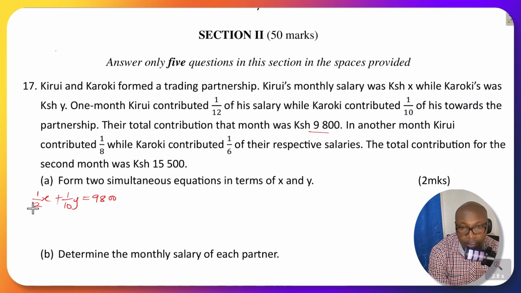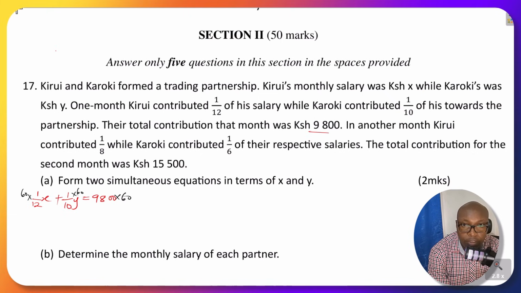We simply get the LCM, the least common multiple of 12 and 10, which is 60, and then multiply each of these terms by the least common multiple of 12 and 10.